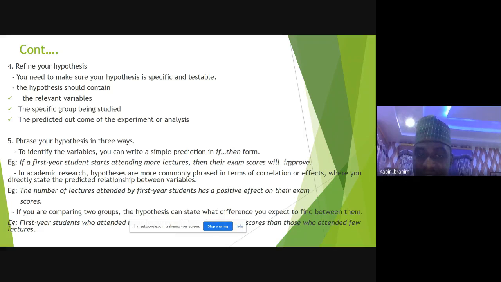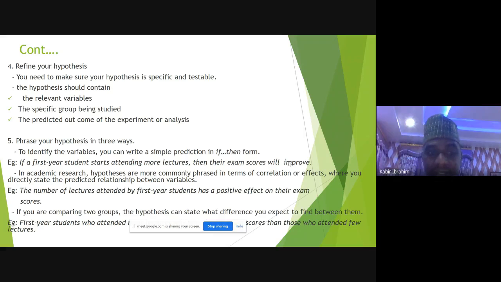Most hypotheses in academic research are phrased to correlate between 2 variables or to show the effects of one variable on another, where you directly state the predicted relationship between variables.